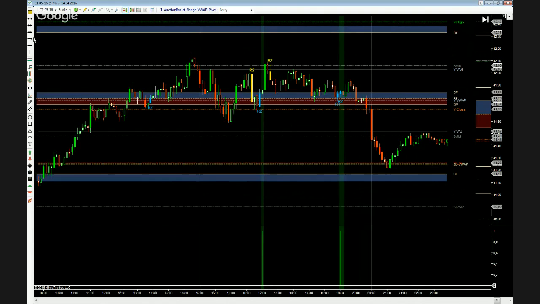So if we look at how to manage this trade, we would have entered as this point was broken here, and the stop loss would be below the low of the signal bar.